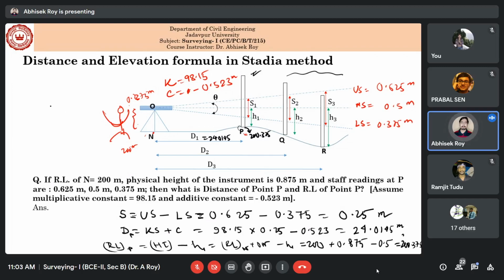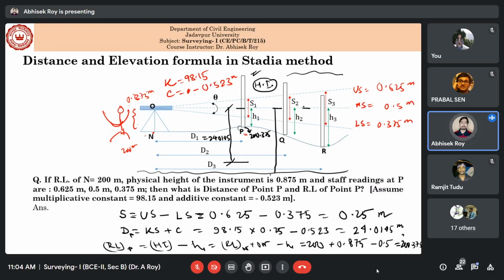RL is simple. The RL of this point is the height of the instrument, and height of the instrument does not mean the physical height. I have discussed this many times in the leveling chapter. Height of instrument means the elevation of the line of collimation from a particular datum.